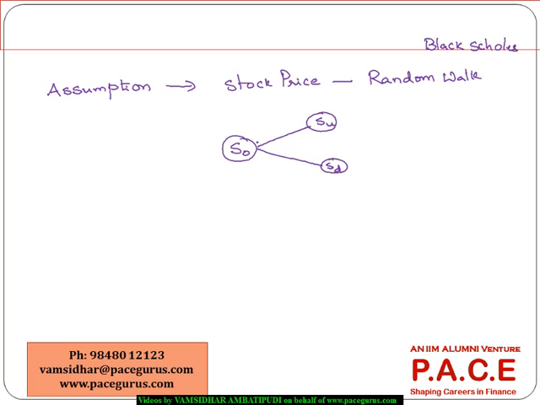That's a major assumption. There could be a probability P that it will go up by some percentage, and a probability 1 minus P that it could go down by some percentage.